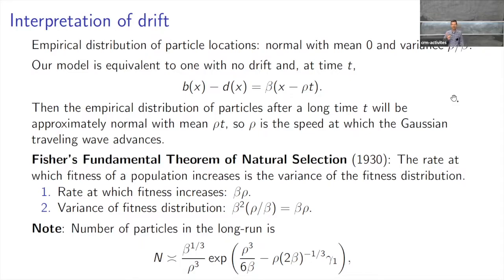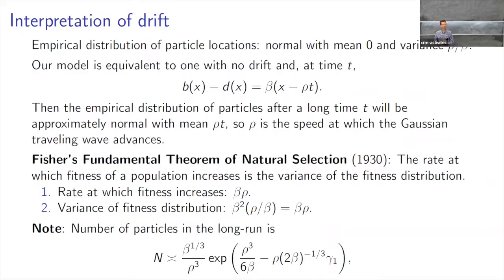And in this model, we can see that the distribution of the locations of the particles is evolving forward at a speed ρ. And so we can interpret the drift in our model as being the speed at which the Gaussian traveling wave advances.